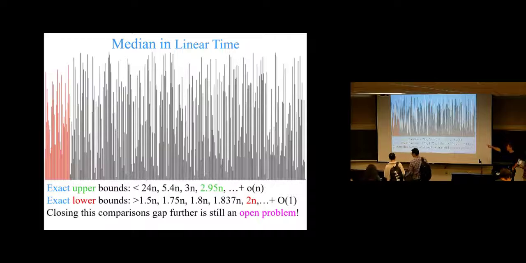So the minimum necessary is a lot less than what the algorithm we just saw uses. If somebody comes up with an exact number, if they manage to do the median with the exact number, it'd be a lot better than what we just saw, and it would be a major accomplishment.